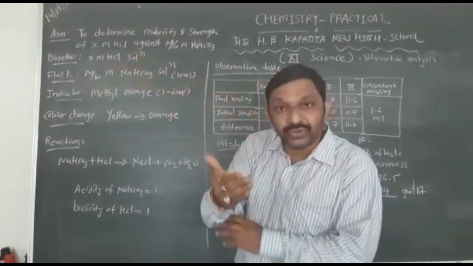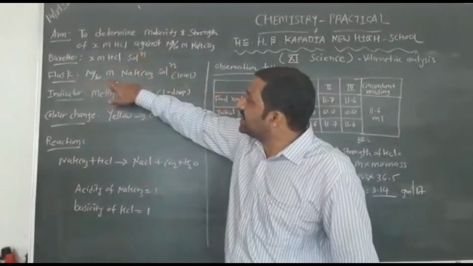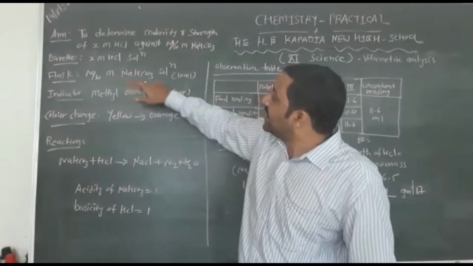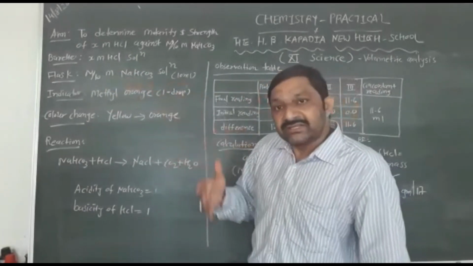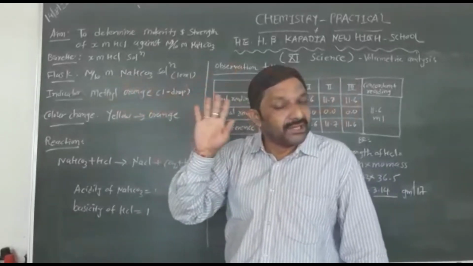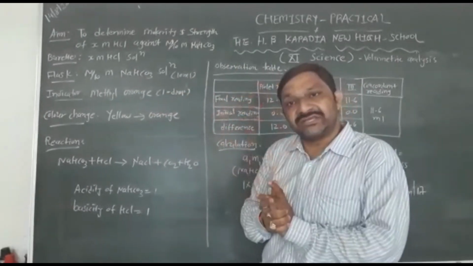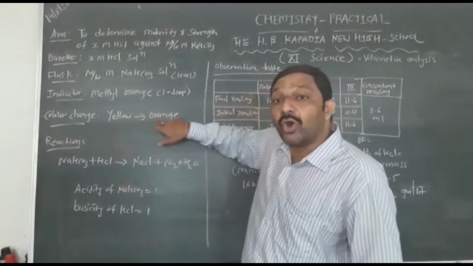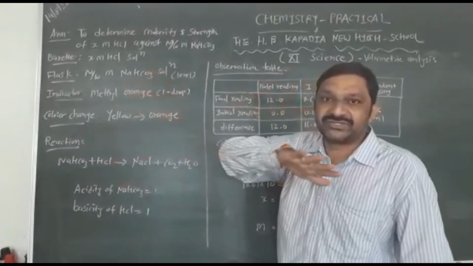In the flask, we take M/10 molar NaHCO3 solution. Indicator, same way: methyl orange, add 1 drop only. Your color change is yellow to orange.